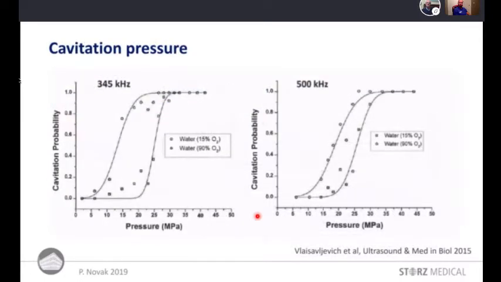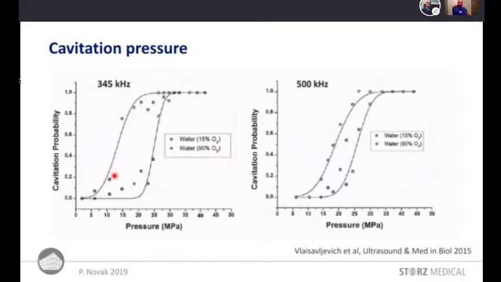Here we see diagrams where the cavitation or bubble formation is being investigated in water. You can see that in relatively pure water without diluted gas, it is in the range of 20 megapascal, and with water saturated with nitrogen or oxygen, this value is significantly lower.